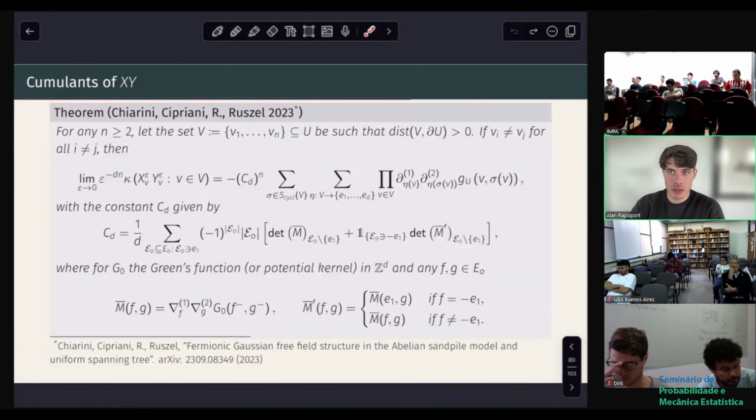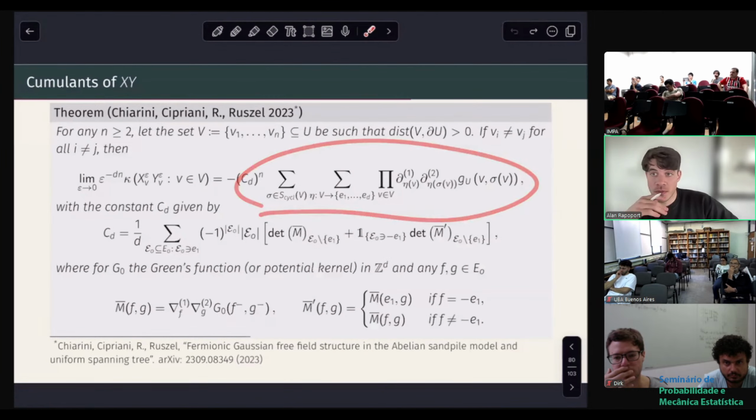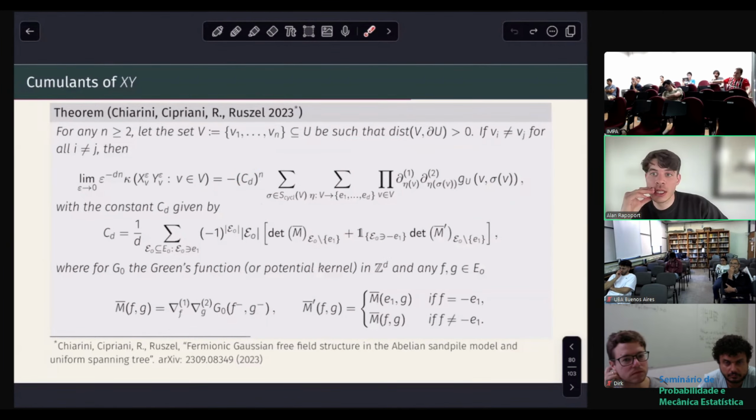Before we had done it for X. Now we do it for X times Y, which is substantially more complicated. Without taking the limit, it's just a convoluted expression in terms of sums and products. But to obtain this reduced form, you have to go to the limit and you need a lot of cancellations. If I have time or somebody is interested, I have a sketch of the proof at the end.